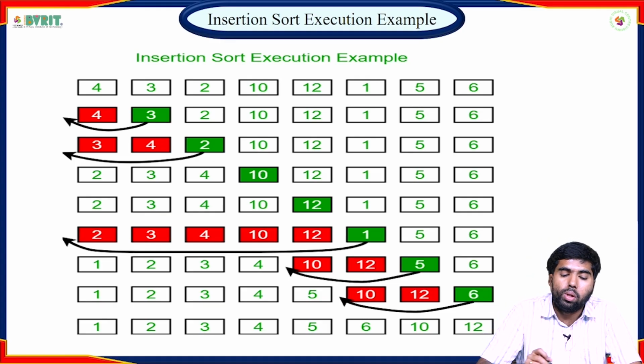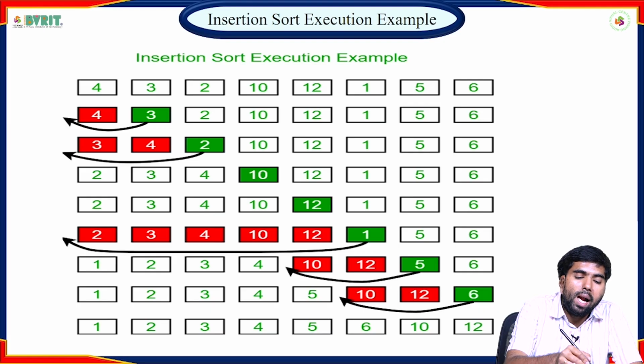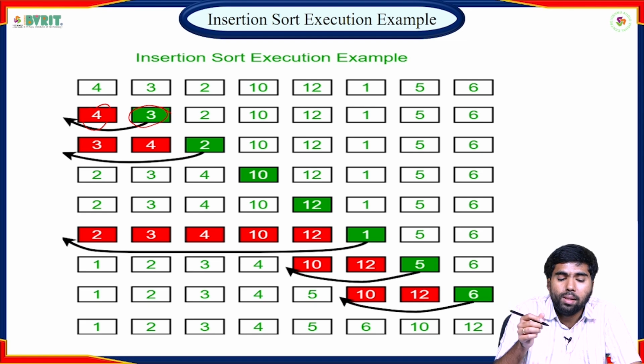You have the elements 4, 3, 2, 10, 12, 1, 5 and 6, so we have 8 elements. Initially the sorted region has 2 elements, 4 and 3. We start sorting using regions.